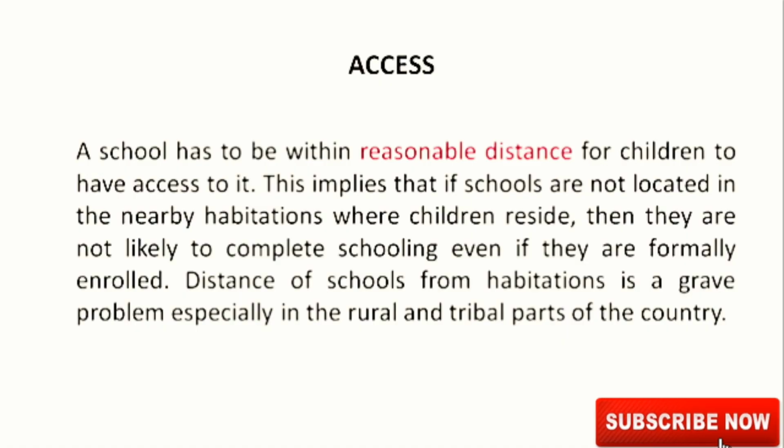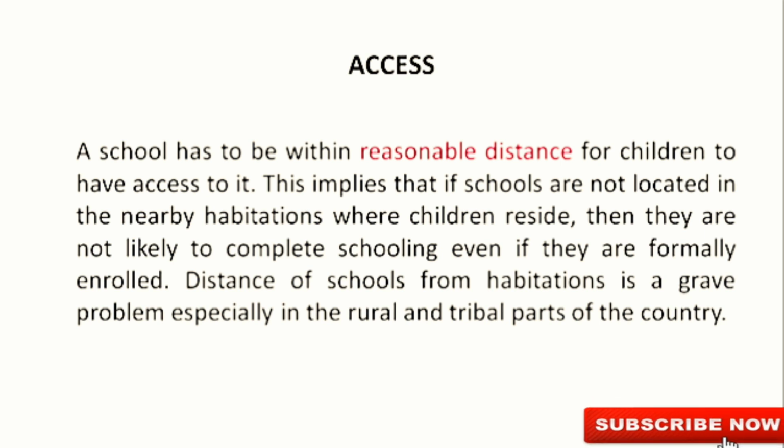A school has to be within a reasonable distance for the children to have access to it. This implies that if schools are not located in the nearby habitation where children reside, then they are not likely to complete schooling even if they are formally enrolled.